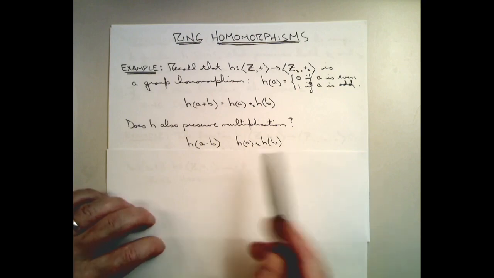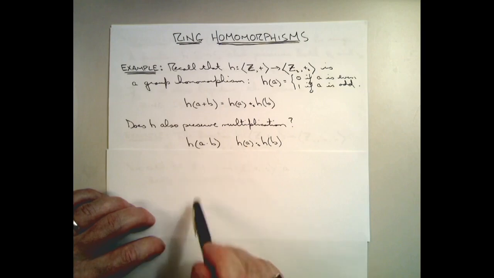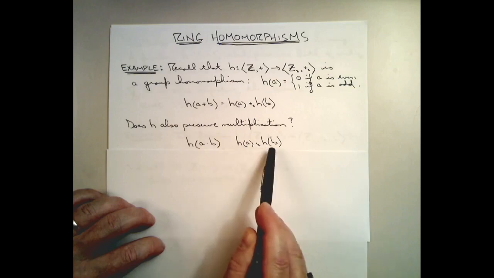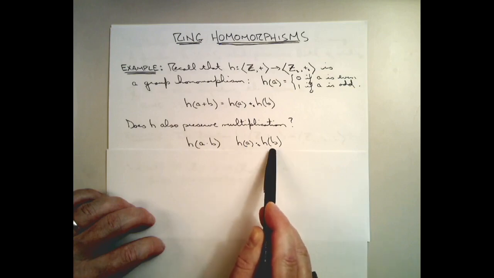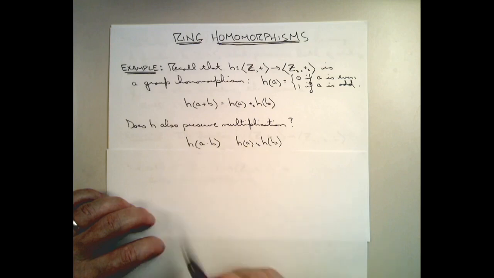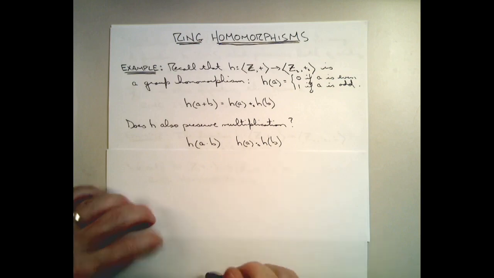And then finally, if I had an even and an odd, then whenever I multiply those together, I'm going to get an even number. But 0 times 1 is going to be 0. So I'm going to get 0 whether I do my multiplication first and then look at the image, or do my images first and then multiply.